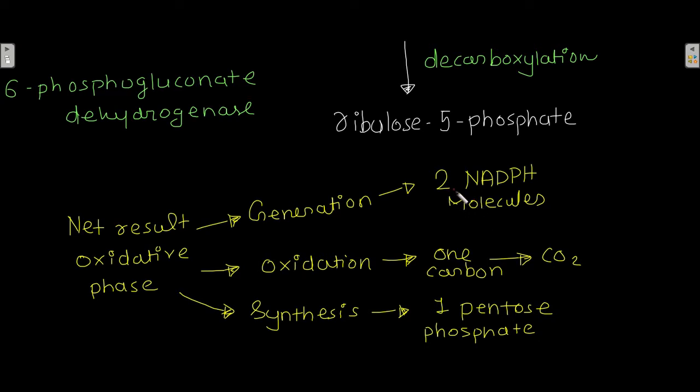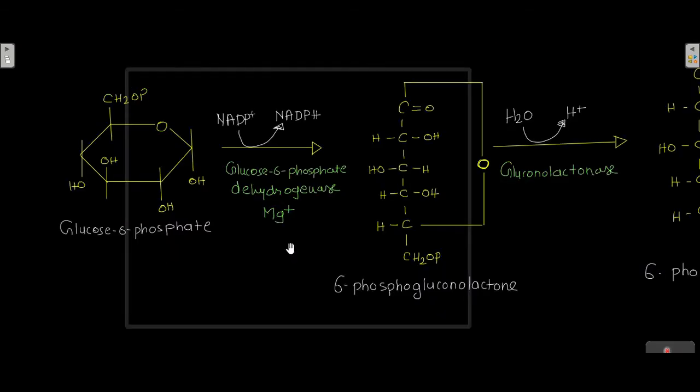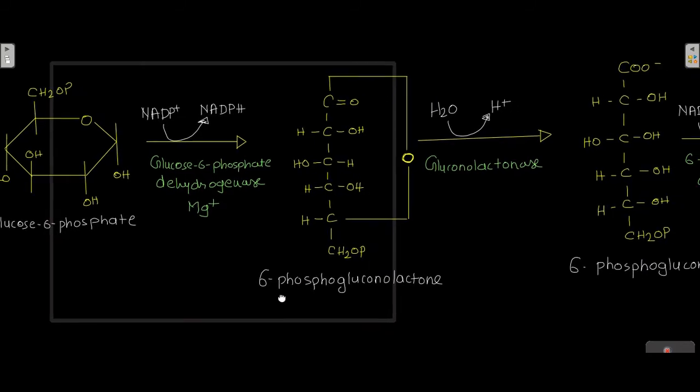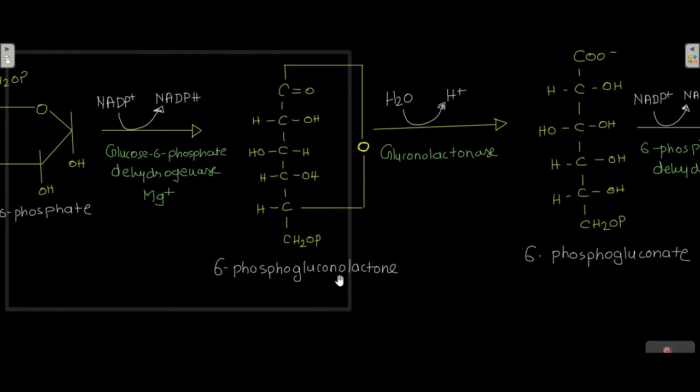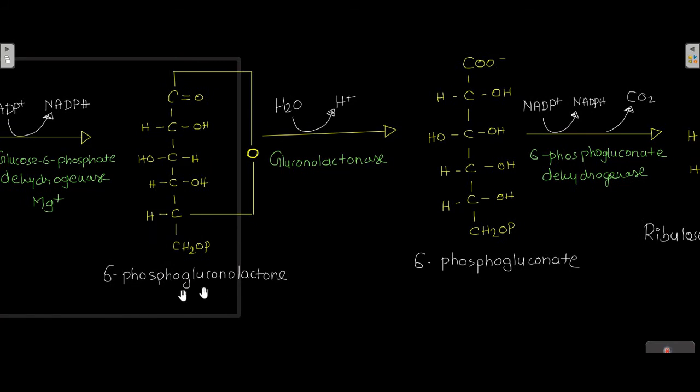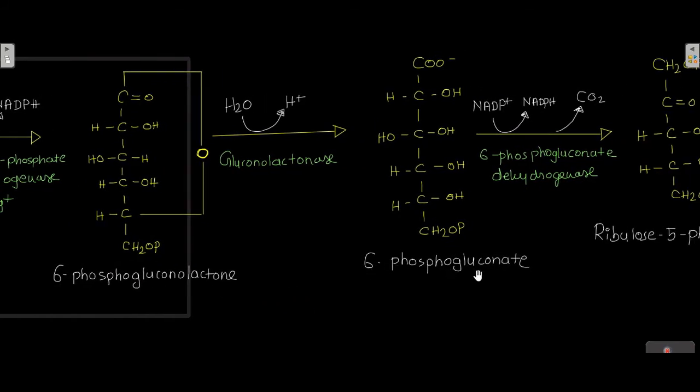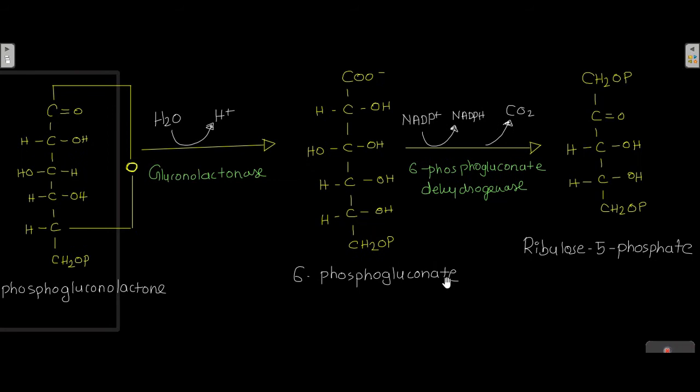This is how the oxidative phase looks: you start with glucose 6-phosphate, convert it into 6-phosphogluconolactone, then into 6-phosphogluconate, and in the end into ribulose 5-phosphate.